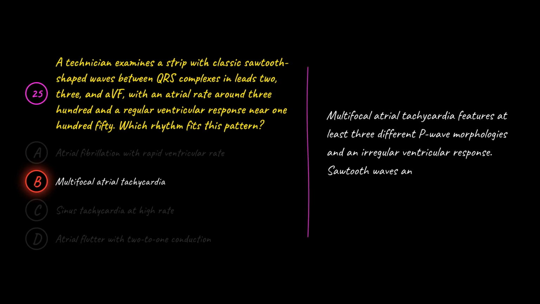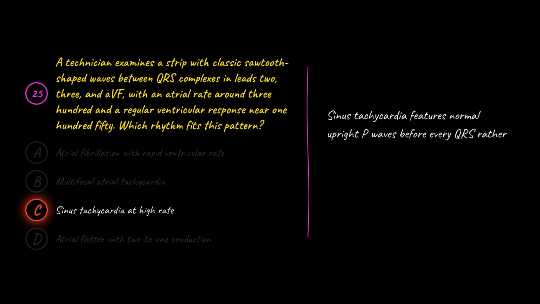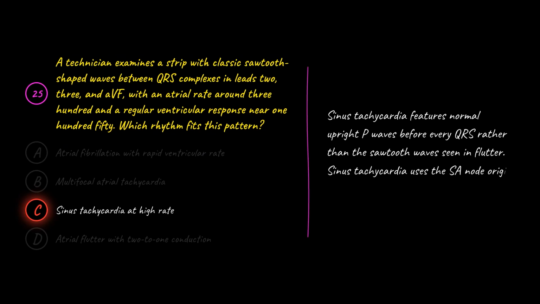Sawtooth waves and a regular rate do not match the multifocal pattern. C is wrong because sinus tachycardia features normal upright P waves before every QRS rather than the sawtooth waves seen in flutter. Sinus tachycardia uses the SA node origin and has different morphology.